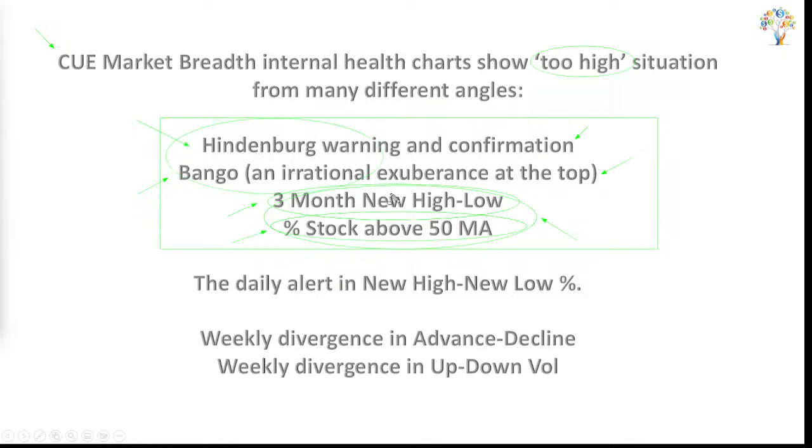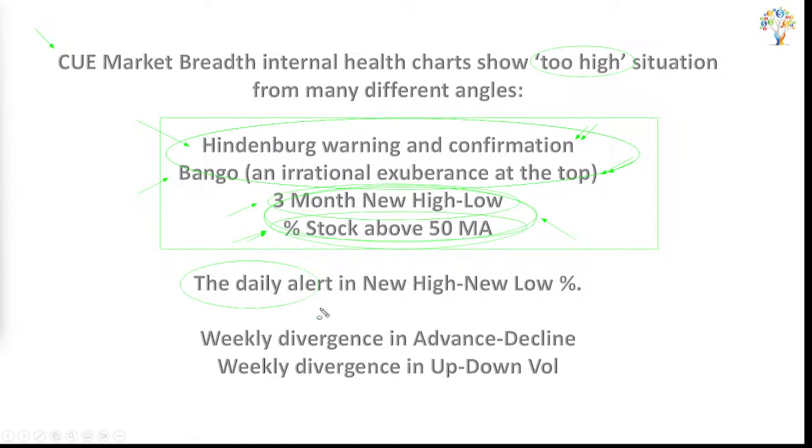Bango and Hindenburg are alert signals to be cautious, but they don't tell us to take trades immediately in the opposite direction. But the oscillators, 3-month new high low and percentage of stocks above 50 MA, do tell us to look for trades in the opposite direction immediately. That is not all.